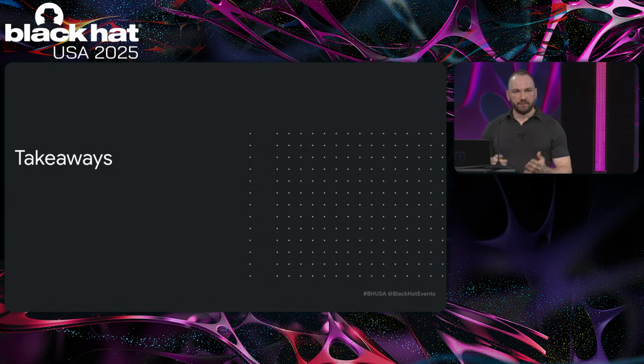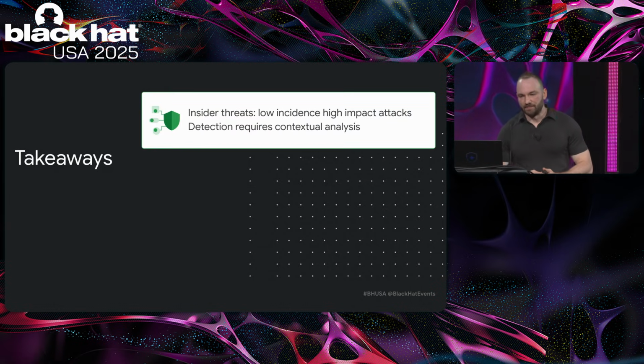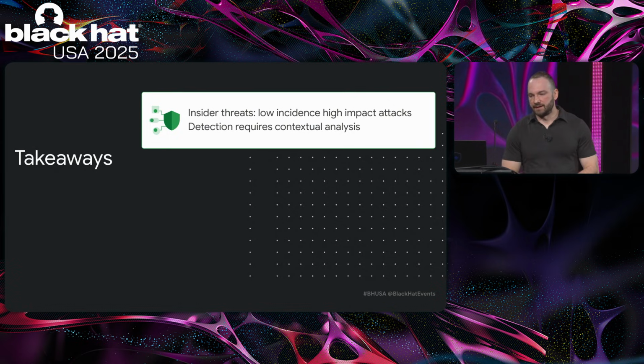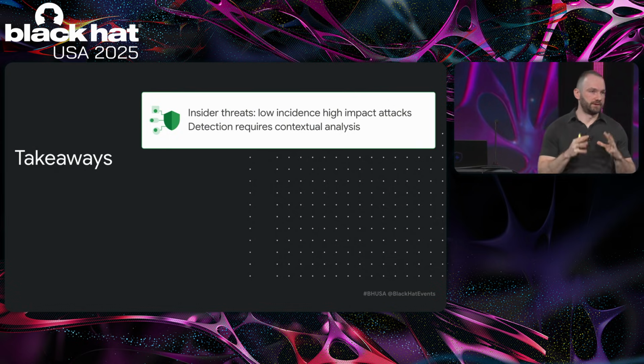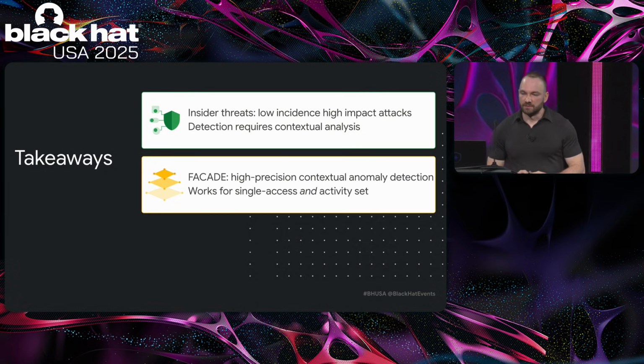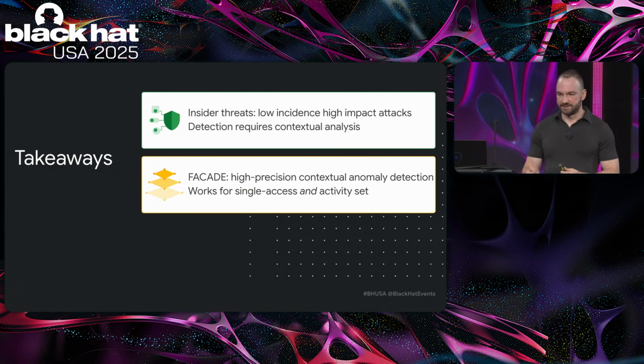So here are the key takeaways for our talk. Insider threats are low-incidence, high-impact attacks. They do require deep contextual analysis and understanding for detection and explanation as well. We presented Facade, which is a high-precision contextual anomaly detection system.